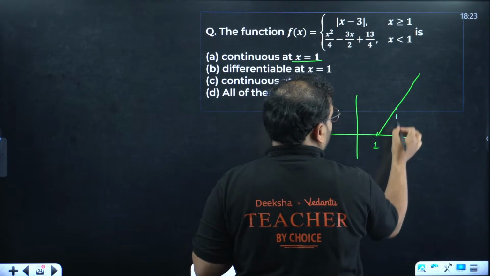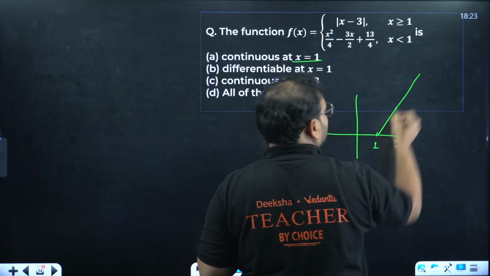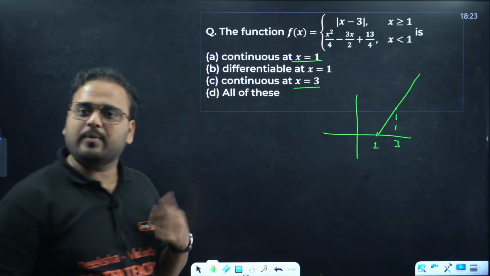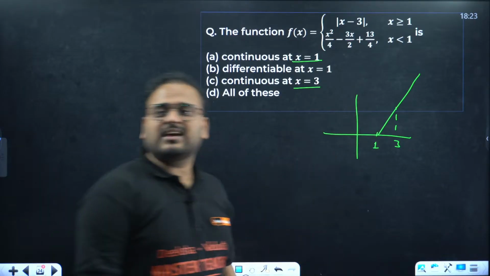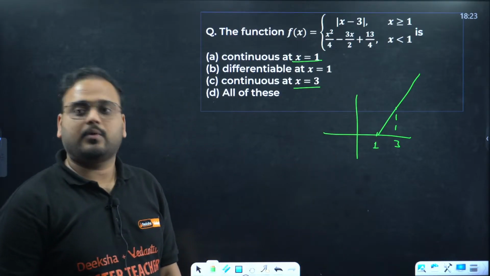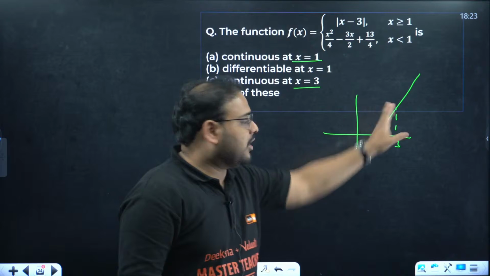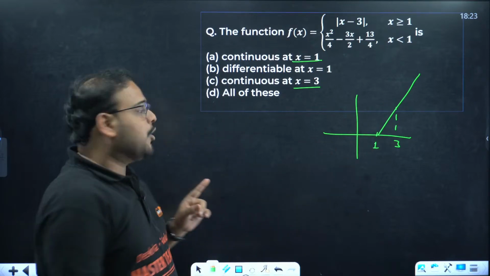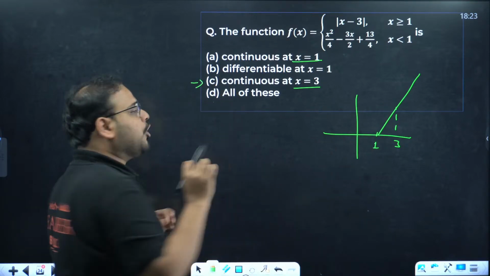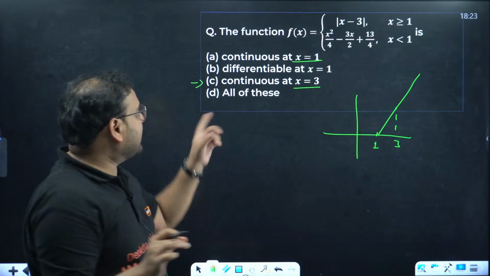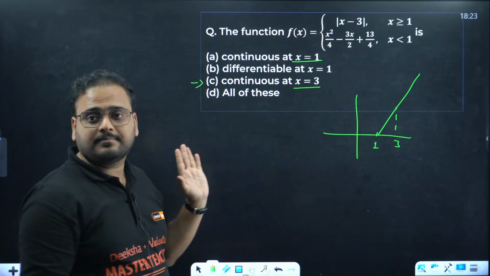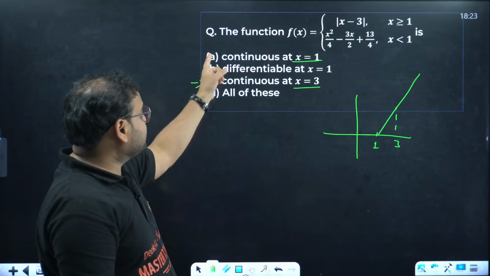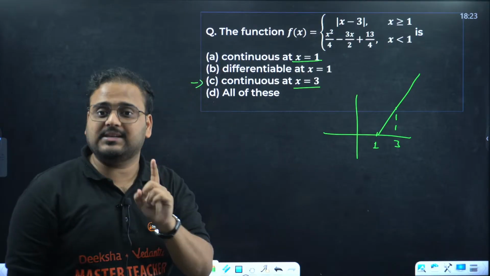So somewhere around 3, this is going to be a straight line. So always continuous. Yes or no? Yes, sir. This is always continuous. It means option C is for sure true. Let's look at option A. If option A is also true, it means my answer is option D. If option A is false, it means my answer will be only option C.